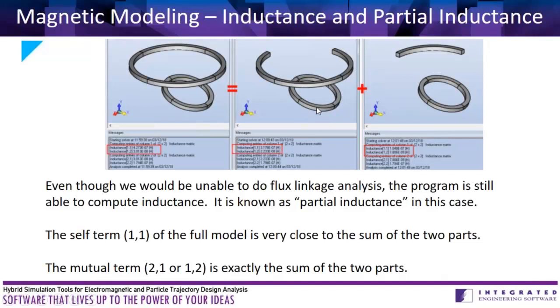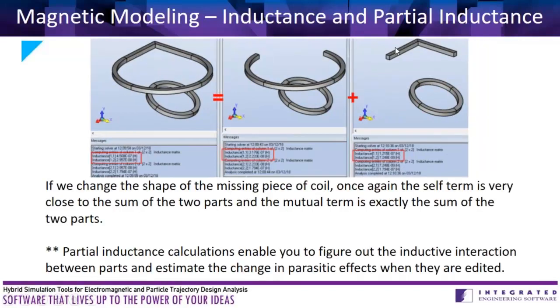I'll just add them together to get what would be the total case. Or if I want to say, I might put in this part, or I might put in this part, an elbow, I can look at the self-inductance or the mutual inductance, partial inductance due to both of those, and I can swap it into the calculation. I can take one out, put the other one in.